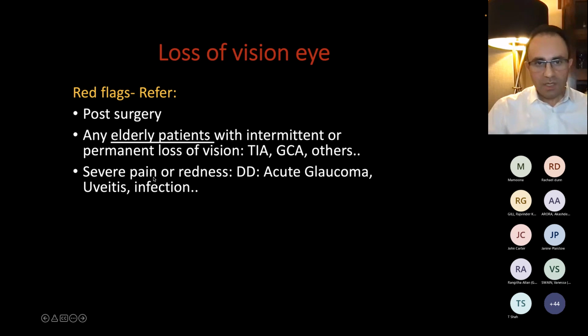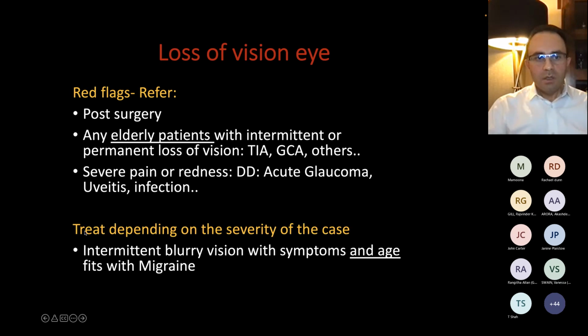Loss of vision with severe pain or redness, again, as we discussed, acute glaucoma, uveitis, infection. The benign category, any intermittent blurry vision, even slight loss of vision with symptoms and age fits with migraine. The age of migraine, as we all know, we are talking about youngish people up to a certain age. It can still last after that.